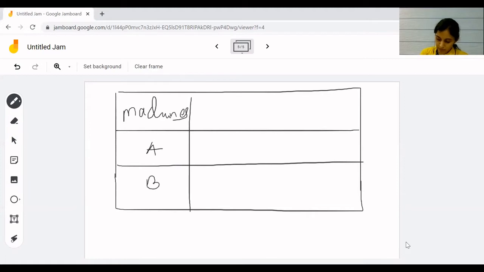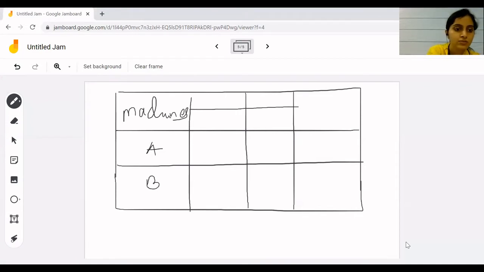Now, time required per unit. That is, what do we have? We have bicycles, right? And we have tricycles. So what we can do is we can write over here time required per unit.